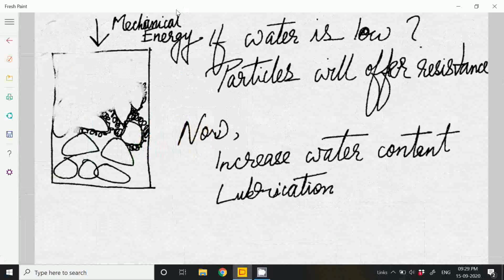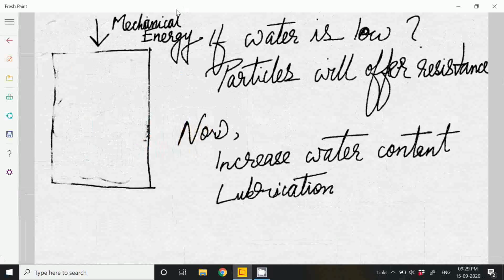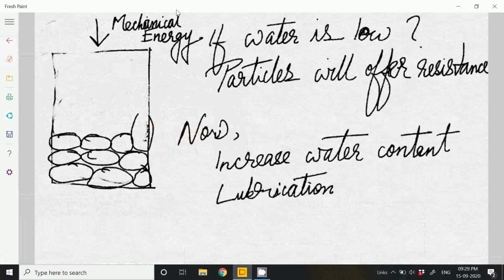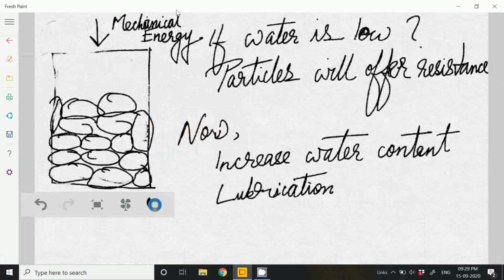When you apply the mechanical load now, the soil particles will move closer to each other and get together in a denser configuration like this. It's all due to the lubrication effect.